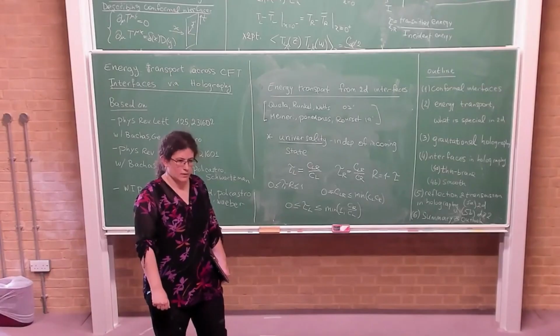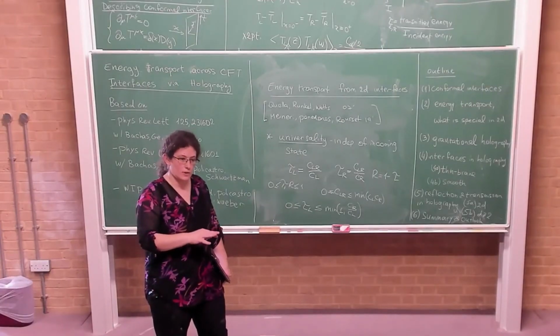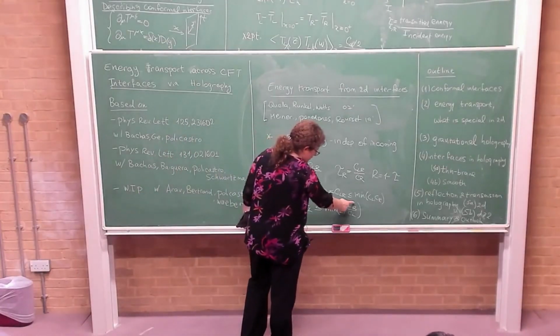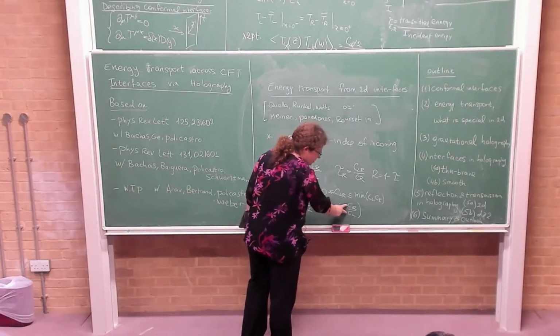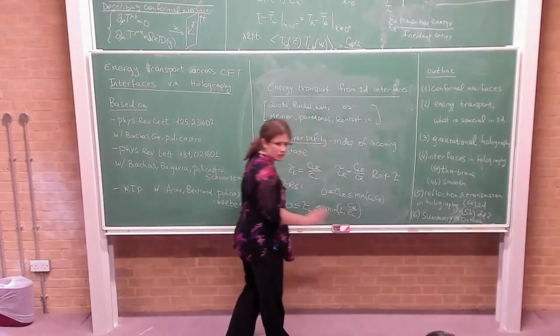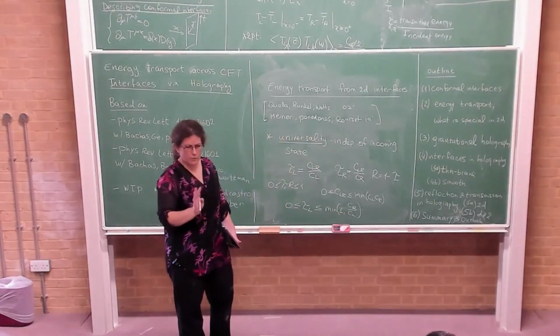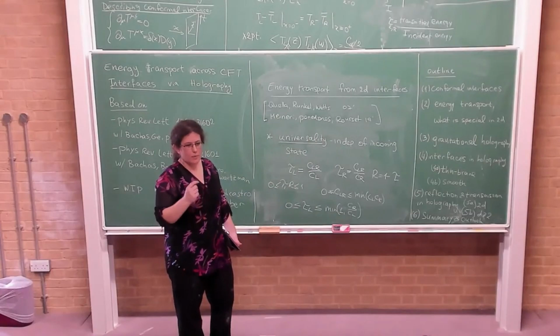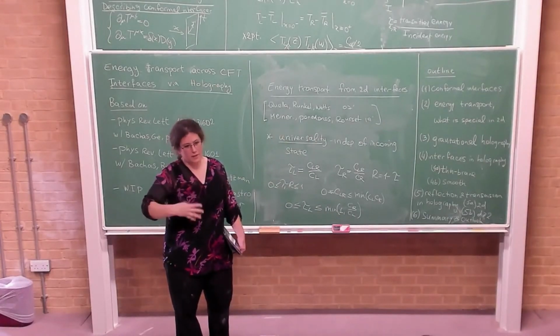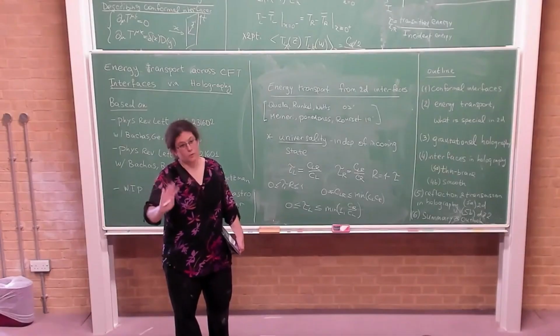I thought the C left will add up. But another one which is identical to the first? Yeah, then that's okay, right? Because then the right central charge and the left central charge would be the same. So that would be 1. So the minimum of 1 and 1 is 1, and you're good to go. I mean, you can go all the way to 1. The problem is if you're trying to transmit from one with a higher central charge to a lower central charge, then you cannot do it.